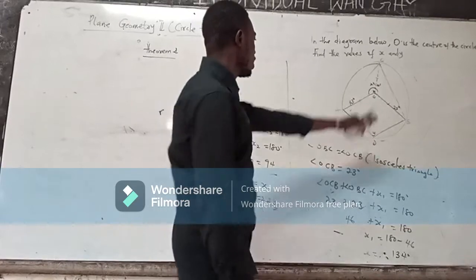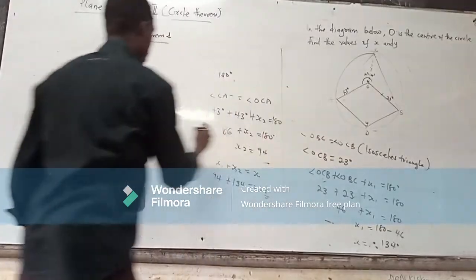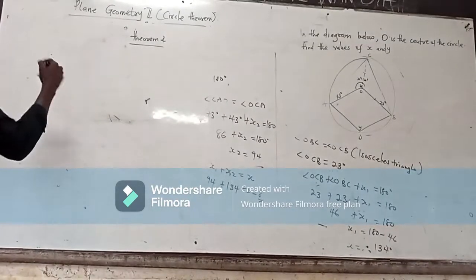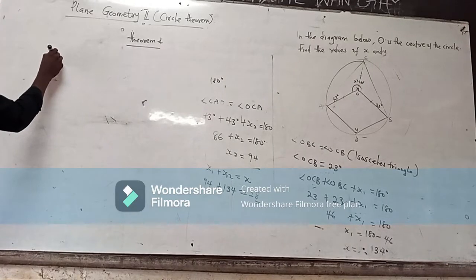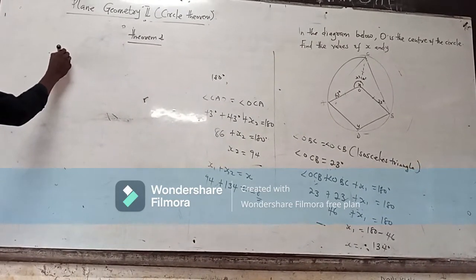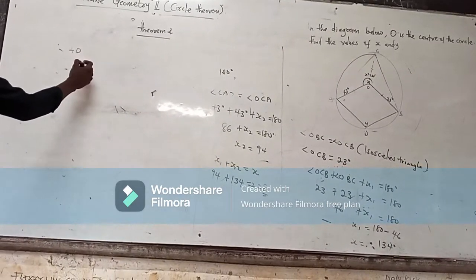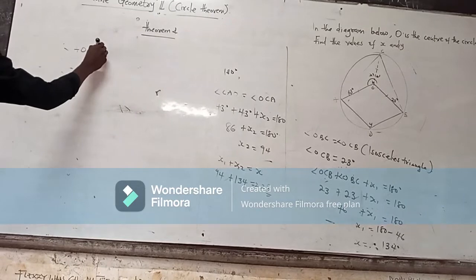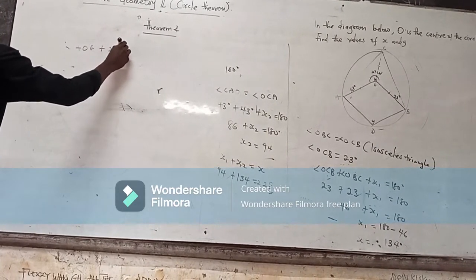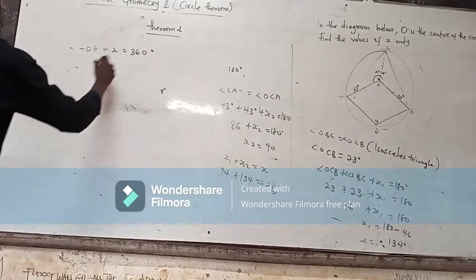Sum up to 360. So if it sums up to 360, if you want to find the angle, let's write it here. So we have angle AOB, it should be plus the x that will give us 360.